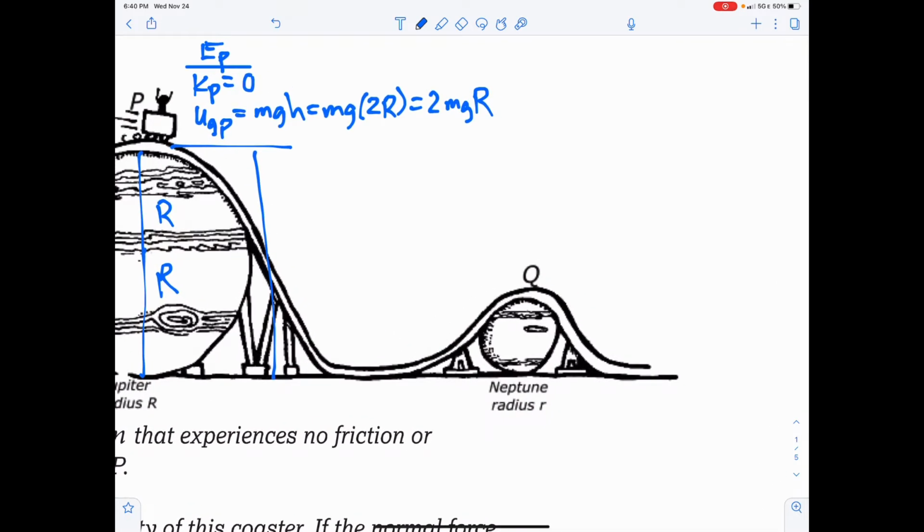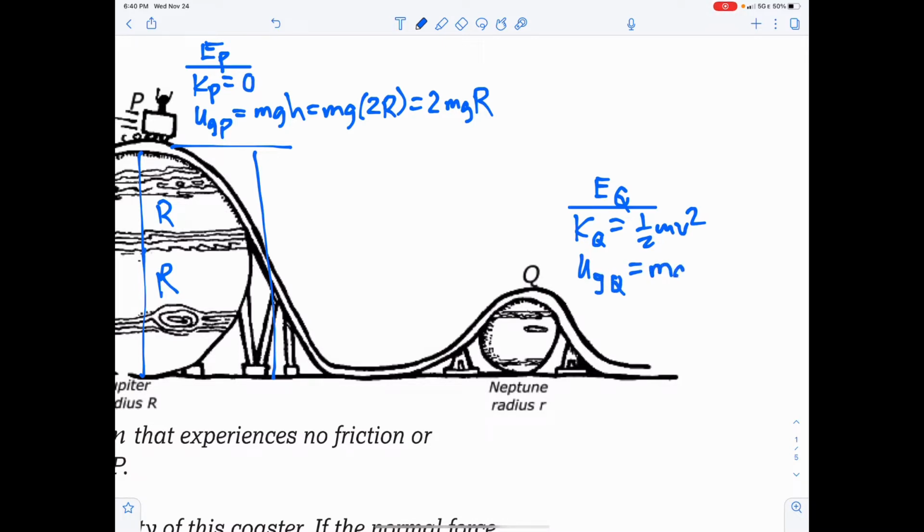At the top of Neptune, which we'll call point Q, the energy at point Q, so we have kinetic energy at point Q, so I'm going to write 1/2 mv squared. You know you have kinetic energy because you're moving fast over the top. But you also have a little height above the ground as well, so you're still going to have gravitational potential energy at point Q as well.